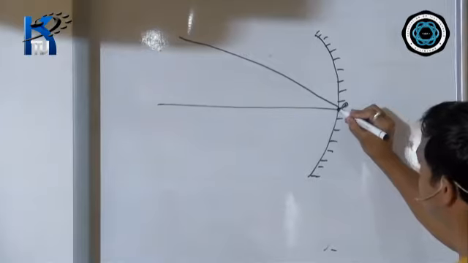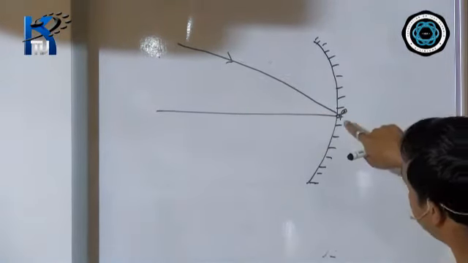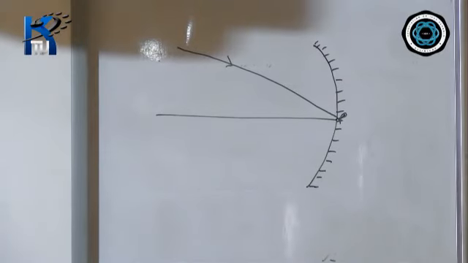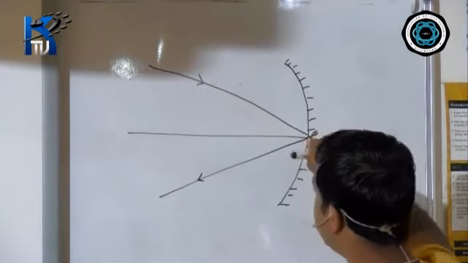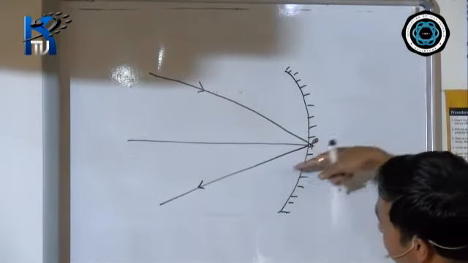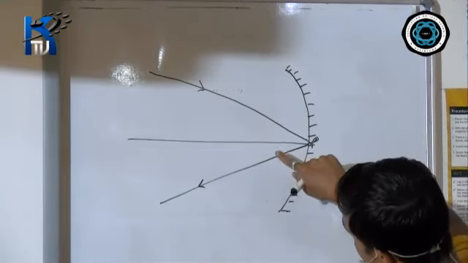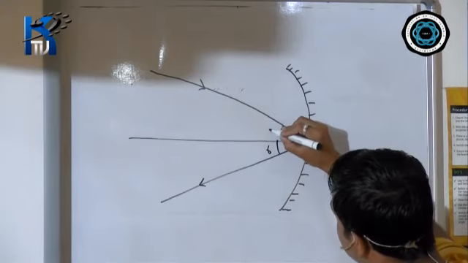This P is marked as the pole, and this ray is the incident ray. If the light is incident at the pole, definitely the light will reflect, but it will reflect in this direction. Incident ray, reflected ray. Incident at the pole means it reflects making the same angle of reflection. This is the angle of reflection and this is the angle of incidence.